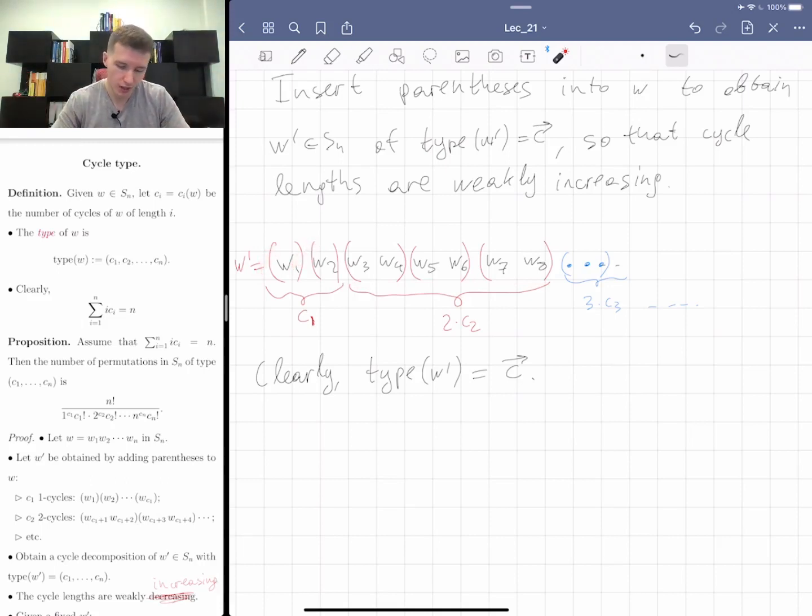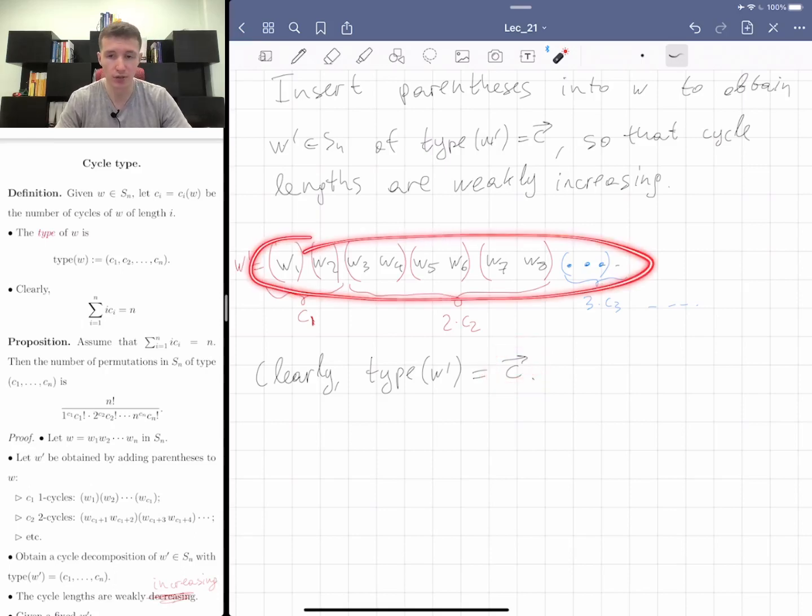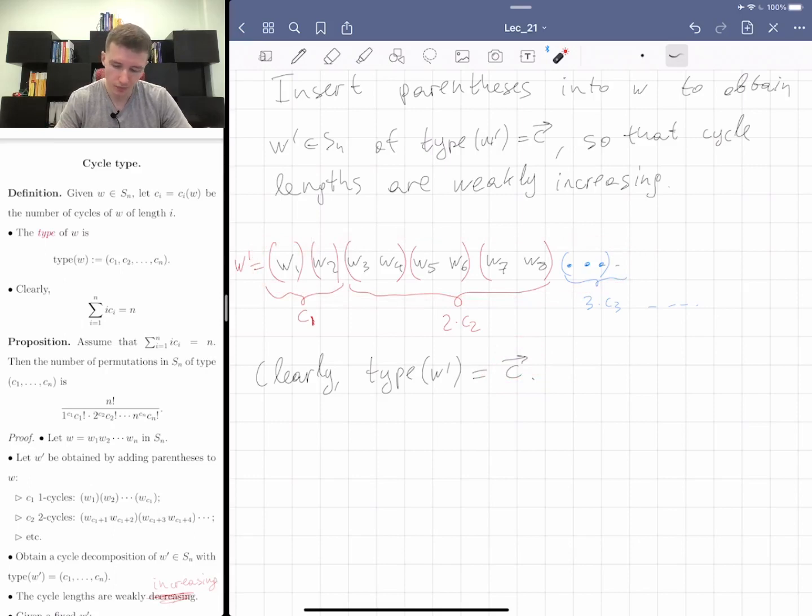So clearly the map is surjective, and now the whole game is about the size of the preimage. So if you give me W prime of type C, in how many ways can I write it down as such product of cycles? And the answer is very easy to compute. Right? I can take cycles of length 1 and I can permute them between each other in C1 factorial ways.